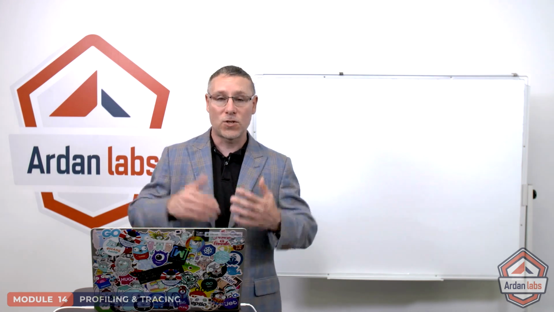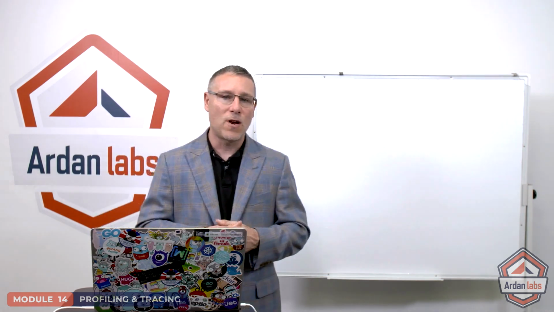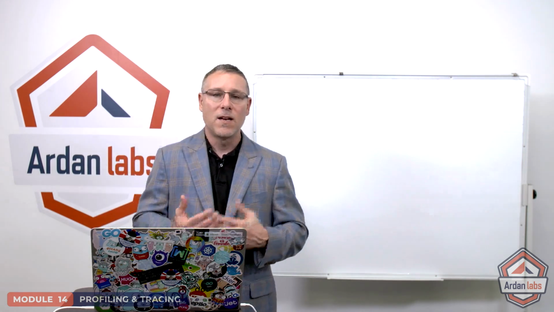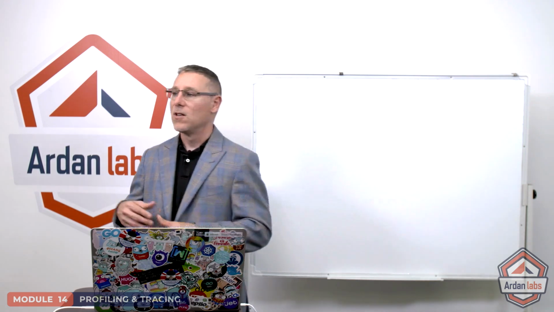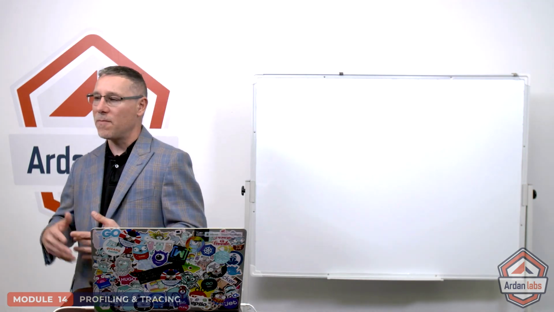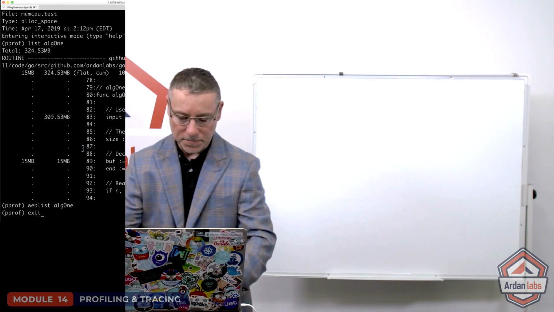I want to know for sure. And what's nice is something that I had shown you earlier when we were talking about pointers is Go's compiler has the ability, if we use the right flags, to produce an escape analysis report. So instead of guessing what's going on here, let's run all this again, but let's add the escape analysis report so we can learn a little bit more.